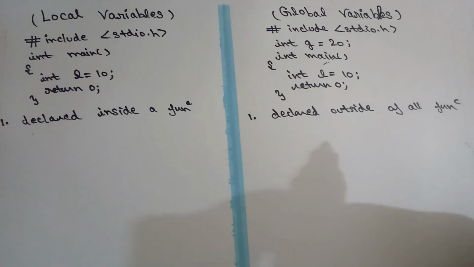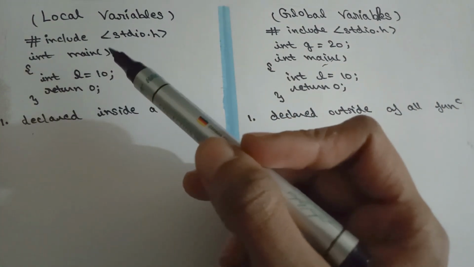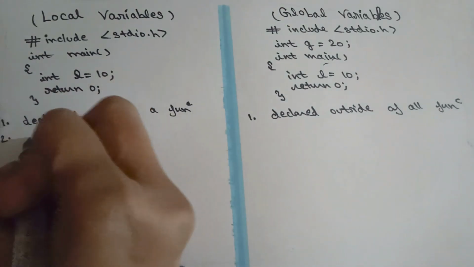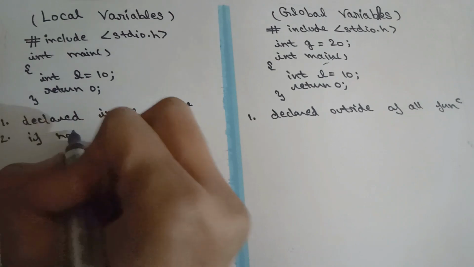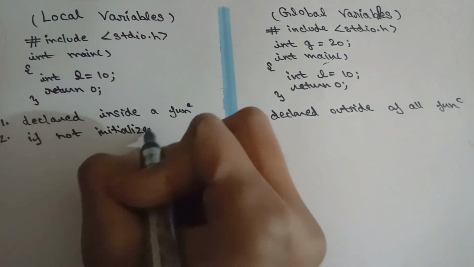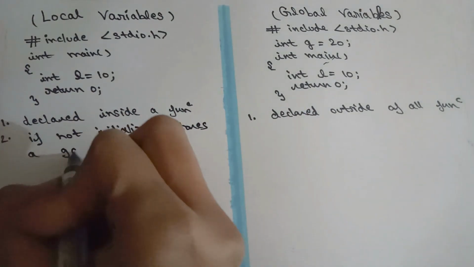Second differentiation would be, whenever this local variable is not initialized, it stores a garbage value. Alright, if not initialized, stores a garbage value.